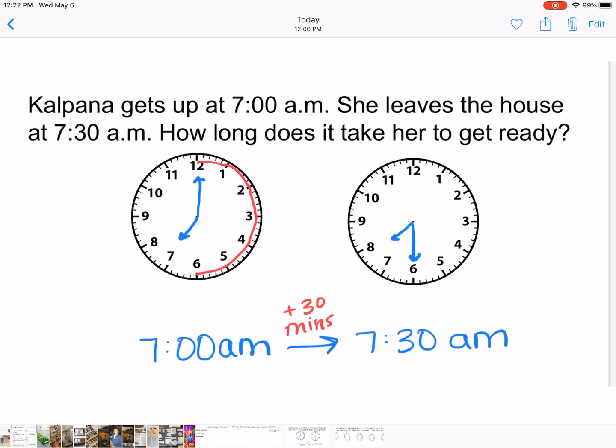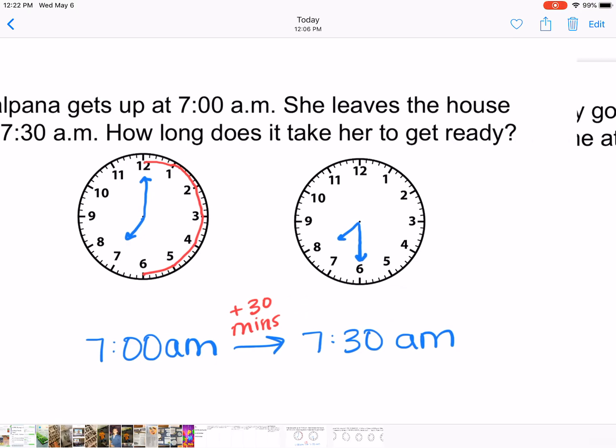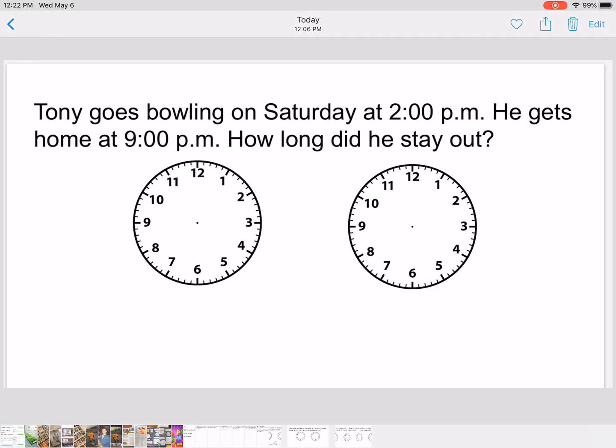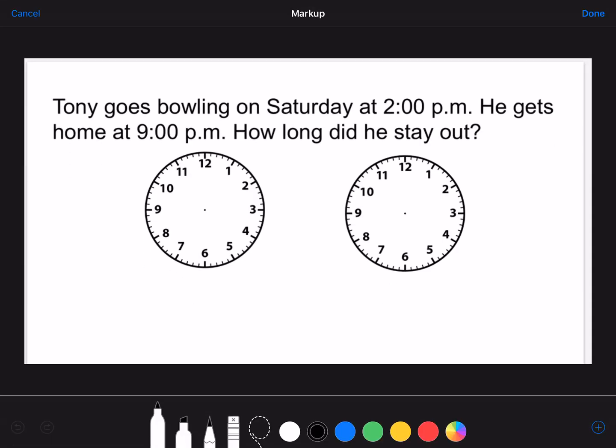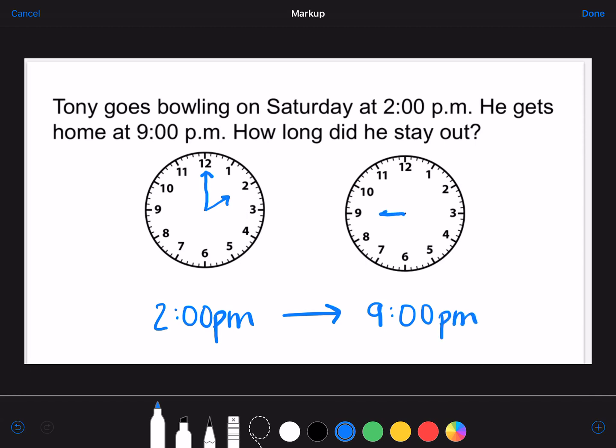Let's take a look at the next problem. The next problem says that Tony goes bowling on Saturday at 2 o'clock p.m. He gets home at 9 o'clock p.m. How long did he stay out? So we start by thinking of the clock, and it starts at 2 o'clock p.m. And then we're trying to get to 9 o'clock p.m. So this would be 9 o'clock.